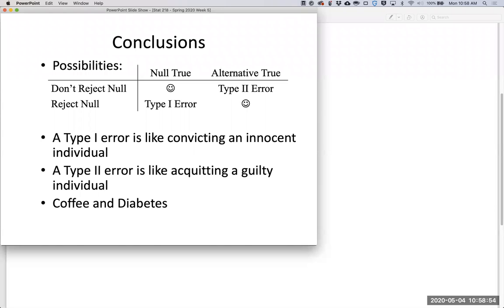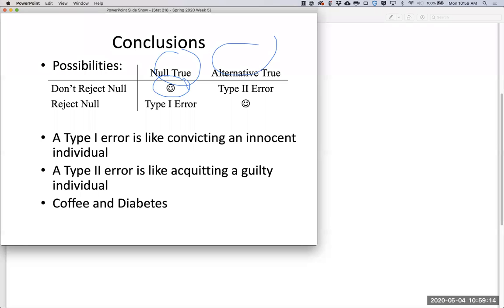So let's talk about the 4 possible answers, 4 possible truths. Now, we don't actually know whether the null is true or not true, but one of them is correct. And if the null is true and we don't reject it, that's good.